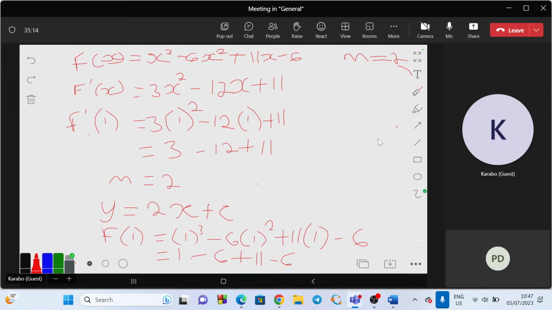You want to erase the first part? Okay, let me check first. I confirm that you did it perfectly. Then your m equals 2. Minus 3 is minus 9. Okay, 2x plus c, yeah, I'm fine with that.